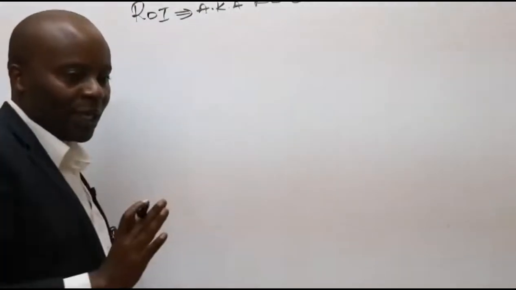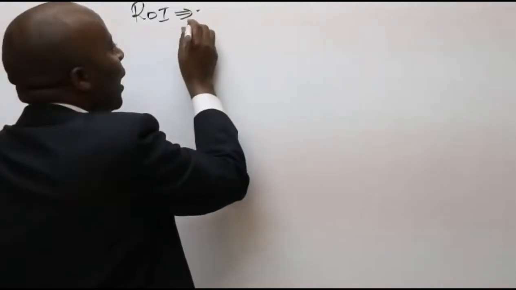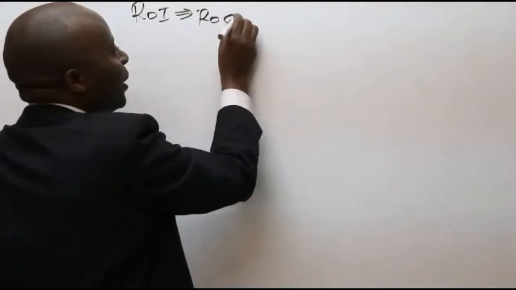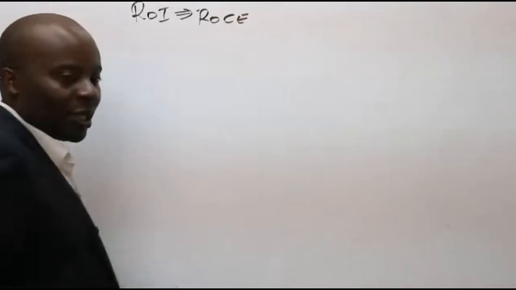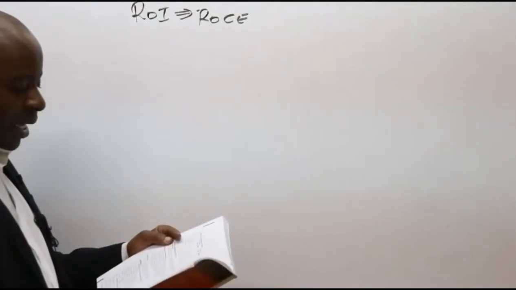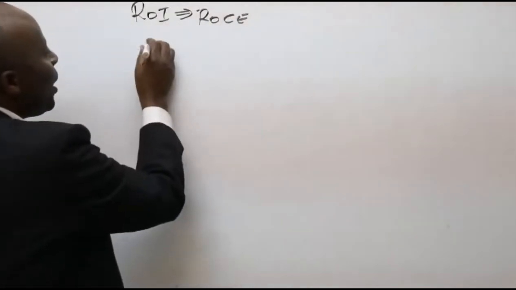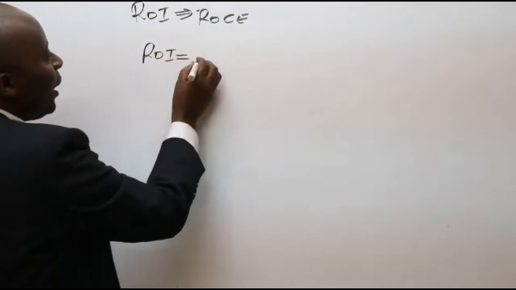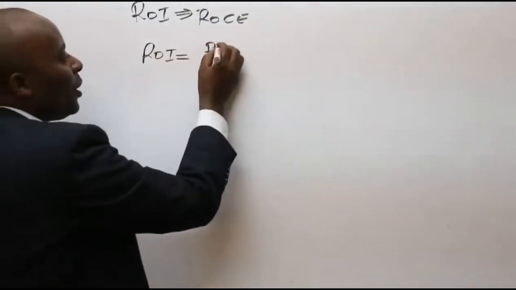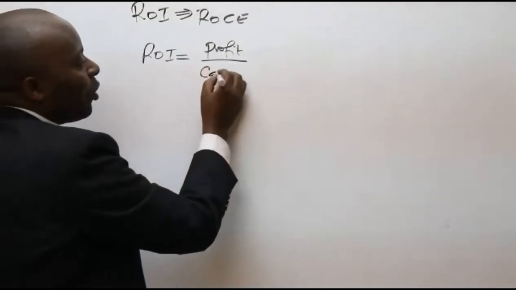No, professionally, this is ROCE, return on capital employed. The return on capital employed will always be obtained by taking the profit of the organization divided by the net assets or capital employed.